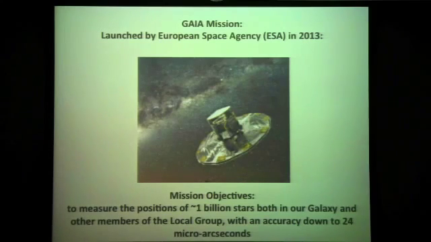This is being done from space, and the technique works, and they will succeed. And their first conferences announcing results will be this summer. And you will start seeing results from the Gaia mission. And it's going to be spectacular.